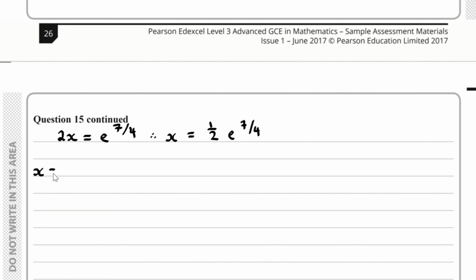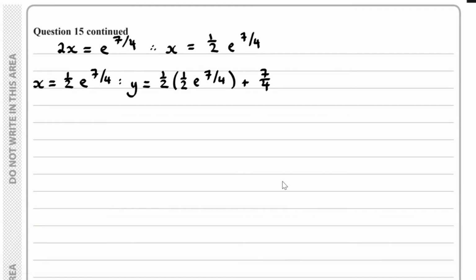So when x equals 1 half e to the 7 over 4, I can find the corresponding y coordinate. We've got y equals 1 half lots of 1 half e to the 7 over 4 plus 7 over 4. And it turns out this is the same as 1 quarter e to the 7 over 4 plus 7 over 4.